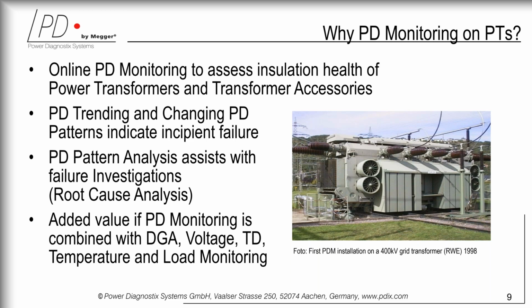Equally, depending on what kind of sensors are being used on the transformer, the location of such partial discharge or partial discharges can be identified. So the added value for partial discharge monitoring is definitely when this is being combined with DGA, with time delta, with temperature, with load monitoring.